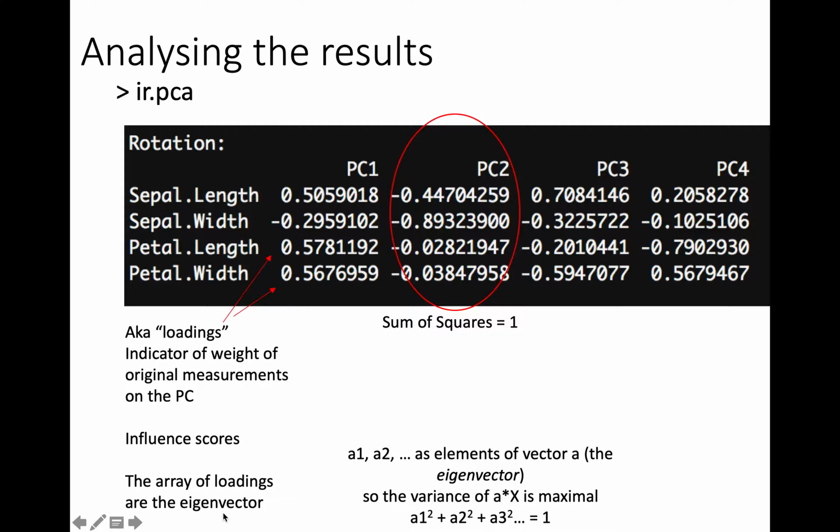And together we have an eigenvector that's moving it in the multidimensional space. So A1, A2, all these different loadings are elements of vector A, okay, the eigenvector. And then when we have A times X, the matrix, the variance is maximal when all of these equal 1, okay?